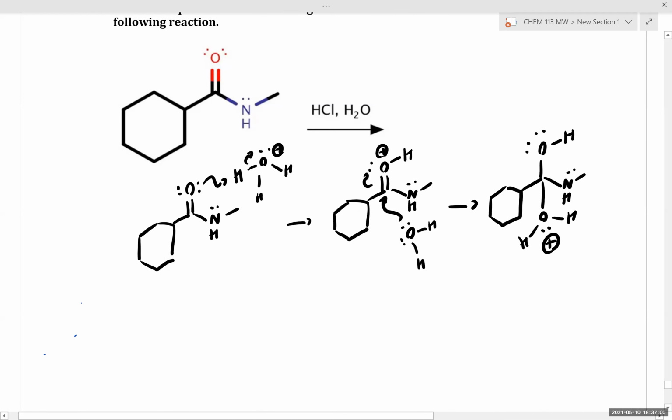So let's keep working through this mechanism from here. And if there are any questions that I can address, don't be shy to send them my way. And let's continue on with this mechanism and let's try to annotate the last few steps for this amide hydrolysis mechanism.